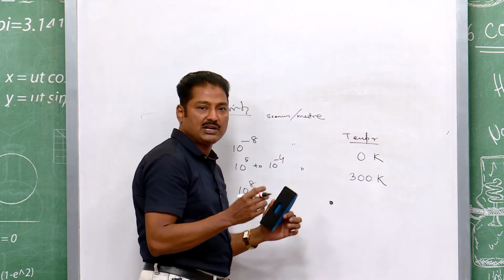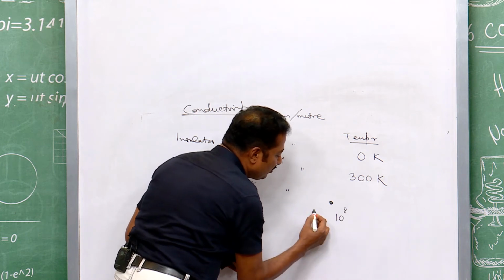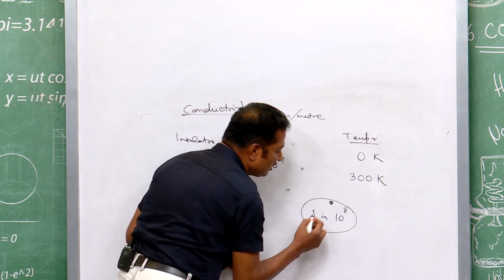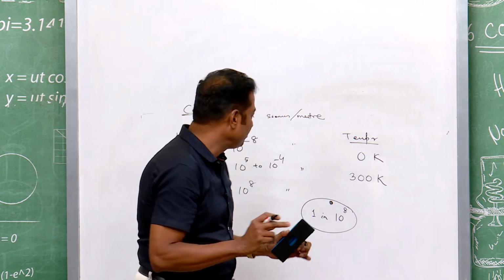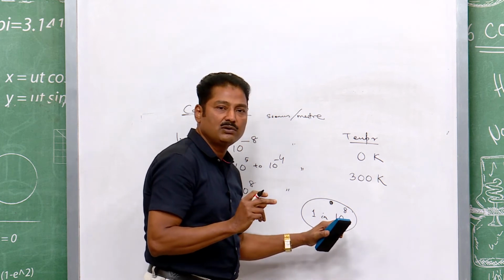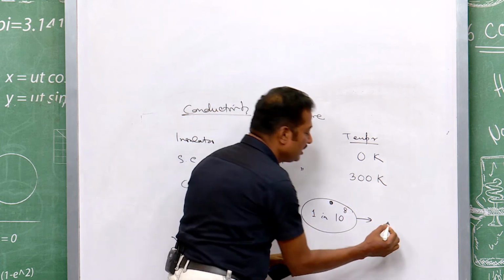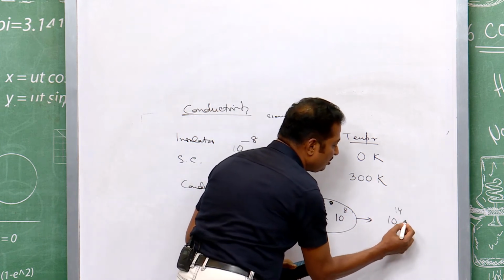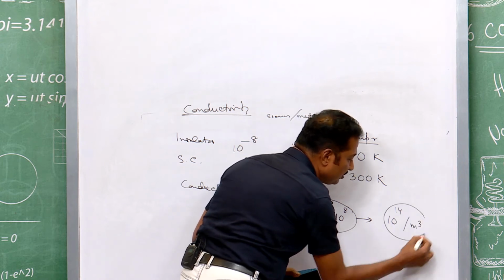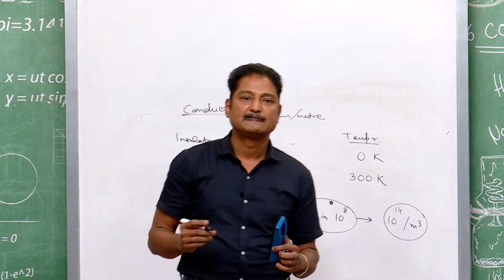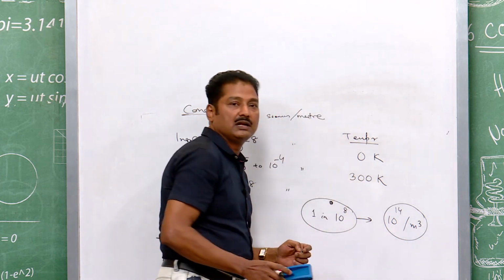In about 10 to the power 8 bonds, one bond will break to generate one electron and one hole, and in this way you will get at room temperature around 10 to the power 14 per meter cube electrons. This is your generated electrons for semiconductor at room temperature.